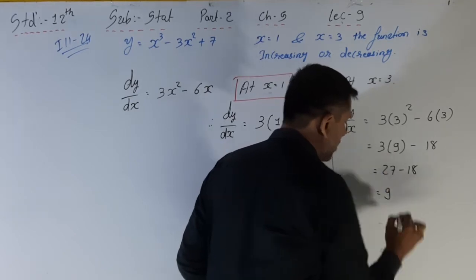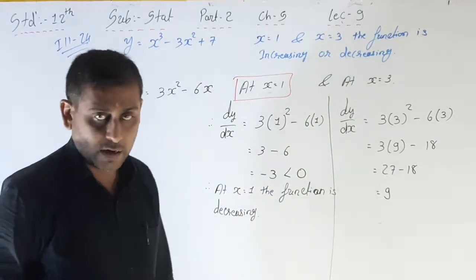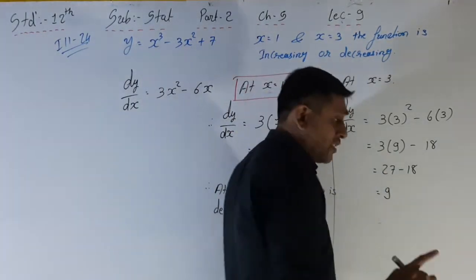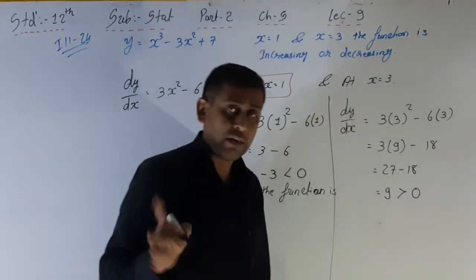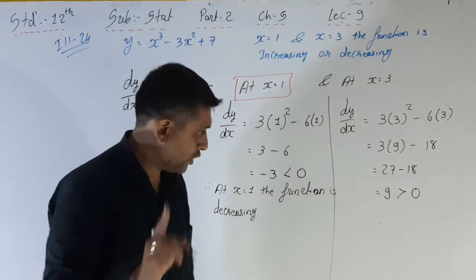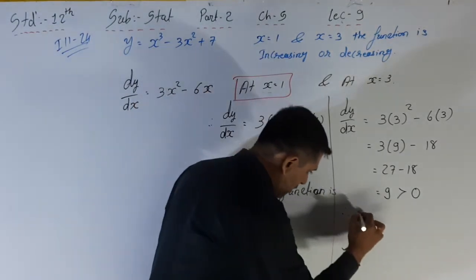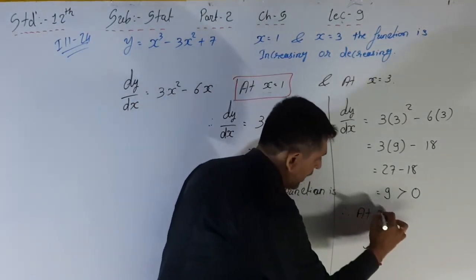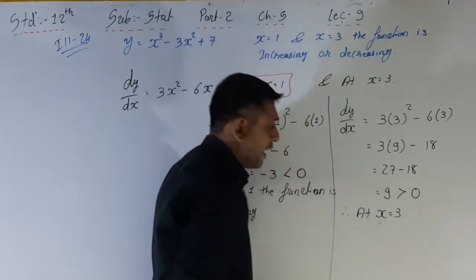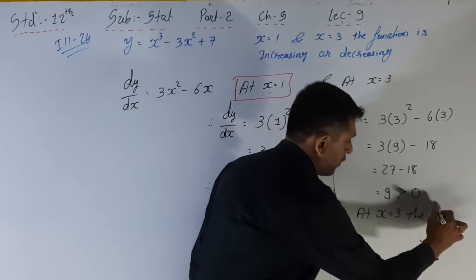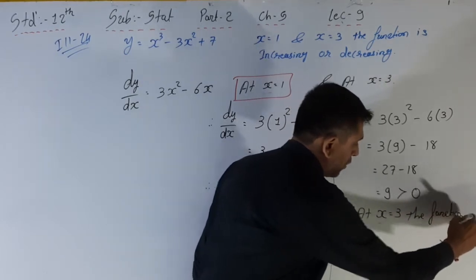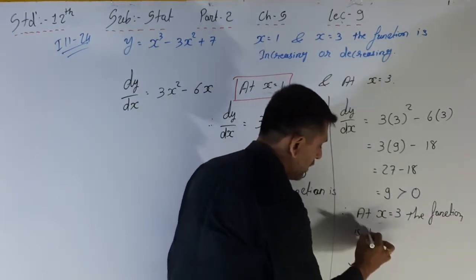So your answer is 9. And here this answer is positive. So we can write 9 is greater than 0. So therefore we can say that at x is equal to 3, the function is increasing.